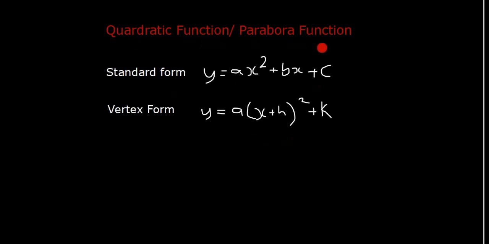We are going to look at just two examples: one in standard form and another in vertex form. We will look at how we can plot the graph in standard form or vertex form, and some important things like the vertex point and axis of symmetry.